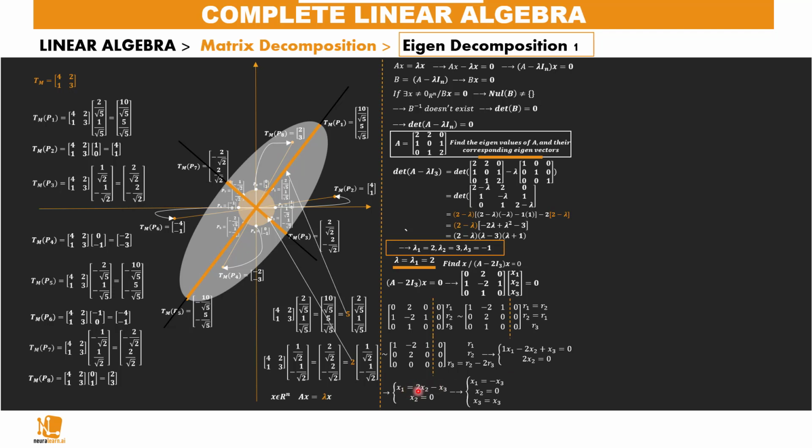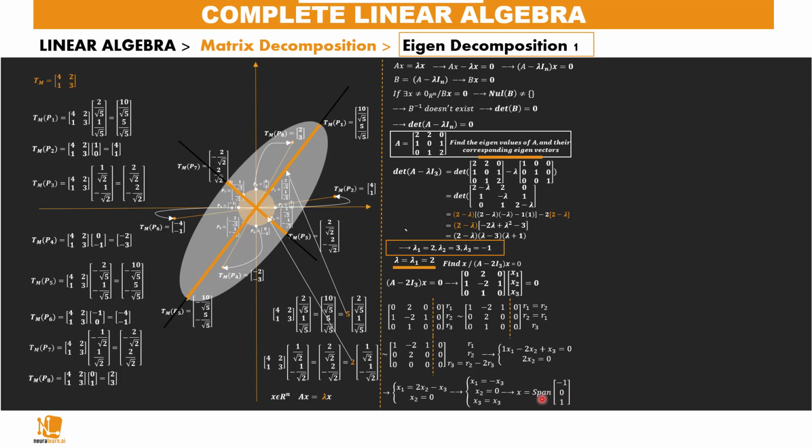So we have x1 equals negative x3, x2 equals 0, and x3 equals x3. This implies that x is in the span of (negative 1, 0, 1). We got this by factoring out x3, which is a constant, and having negative 1, 0, 1. And that's how we have this.